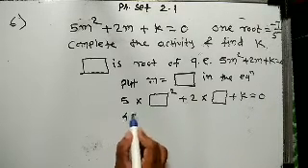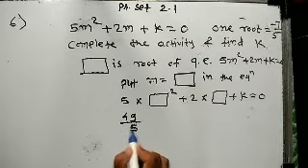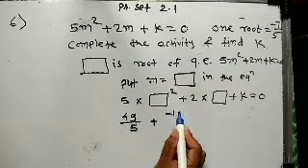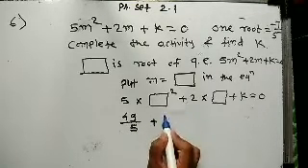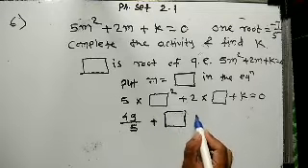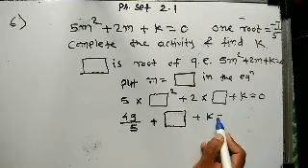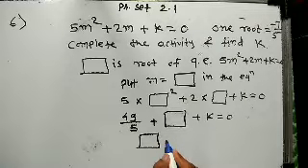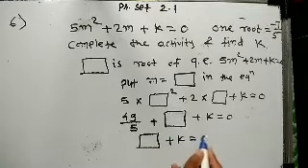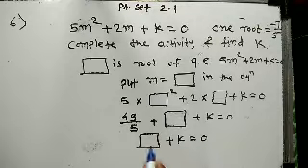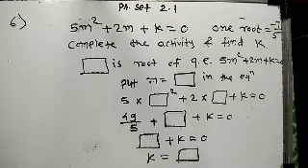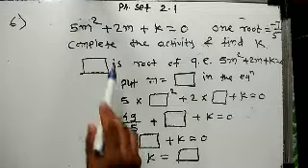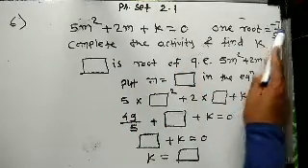Then 49 upon 5 plus minus a box plus k is equal to 0, and lastly the value of k is equal to, which you have to write here.